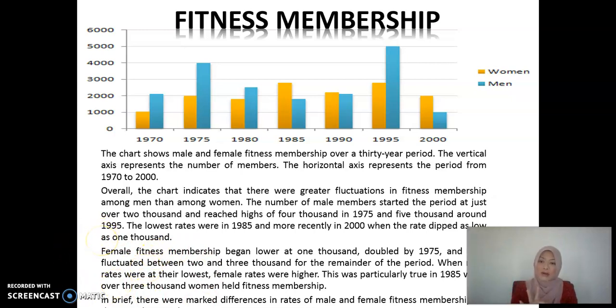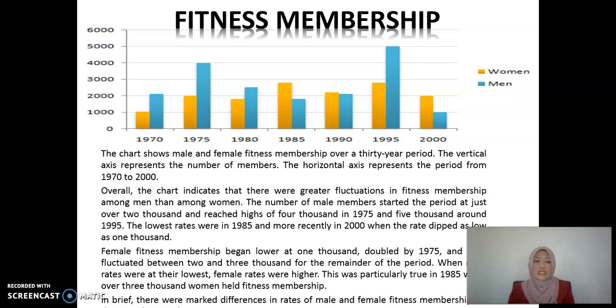The third paragraph basically talks about women's fitness membership, whereby it began lower at 1,000, doubled by 1975, and then fluctuated between 2,000 and 3,000 for the remainder of the period. When male rates were at their lowest, female rates were higher.